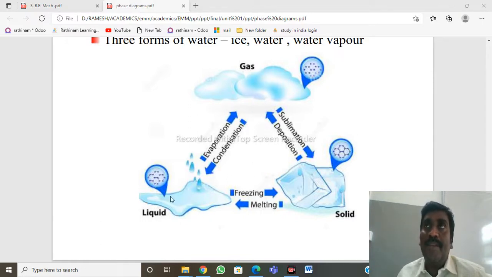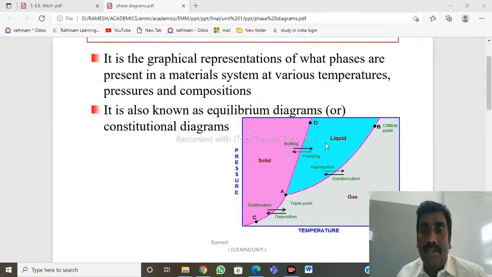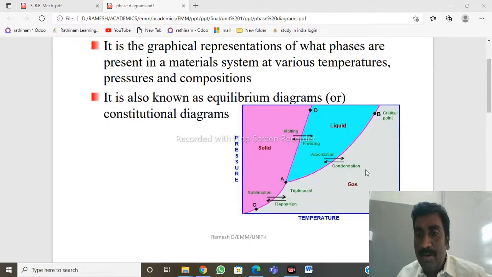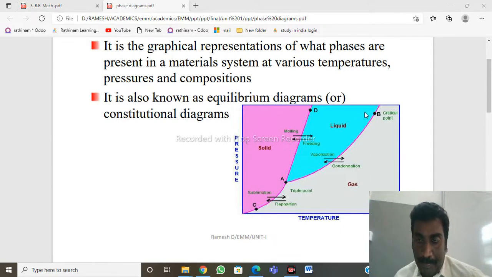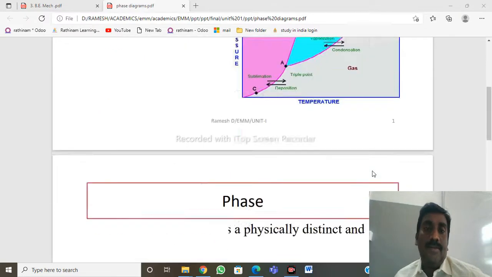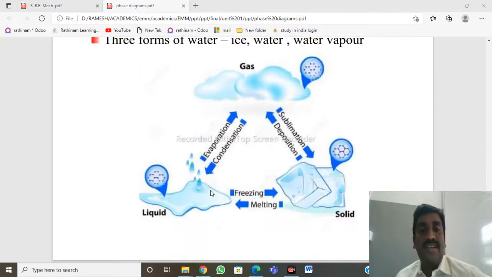That means the liquid state is transferred into the gaseous state at 100 degree temperature at atmospheric pressure. So this is nothing but the phase change process.